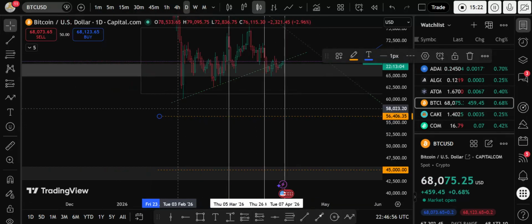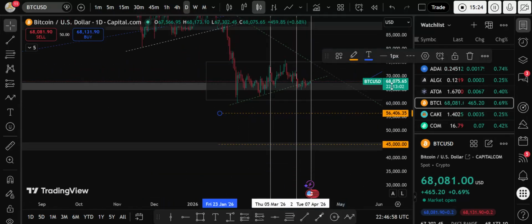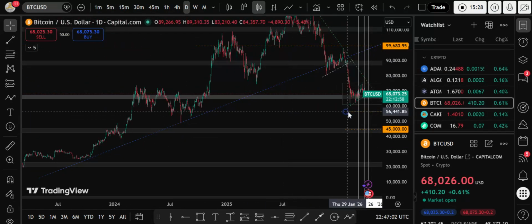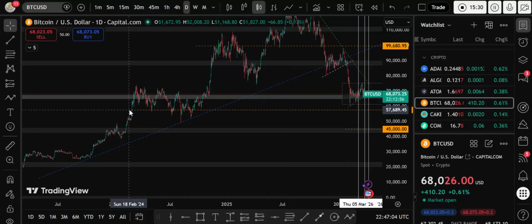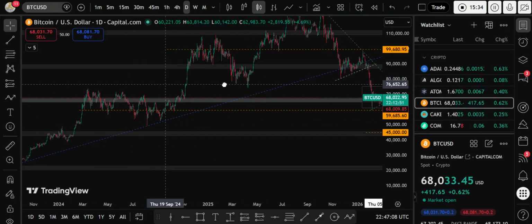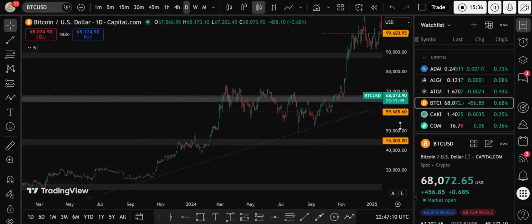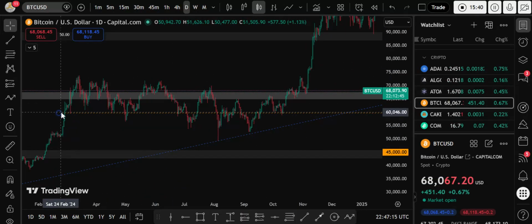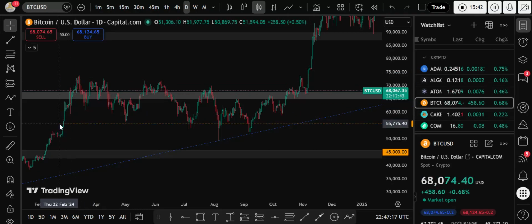Someone says, how did you get a TP? Let's scroll to the left. So you look at the left hand side, the resistance, the next support where the price created a lot of support. Sorry, this is a resistance and this is a support.